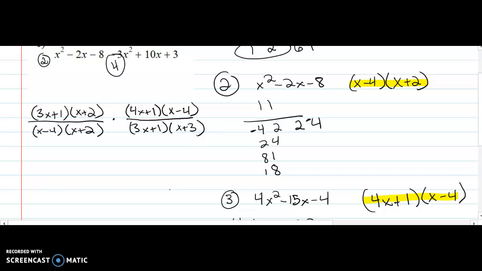All right, so once we have everything factored, now we look to cancel. So remember, we can only cancel when one's on the numerator and one's in the denominator. So these 3x plus 1s can cancel. 2's can cancel. Minus 4's.